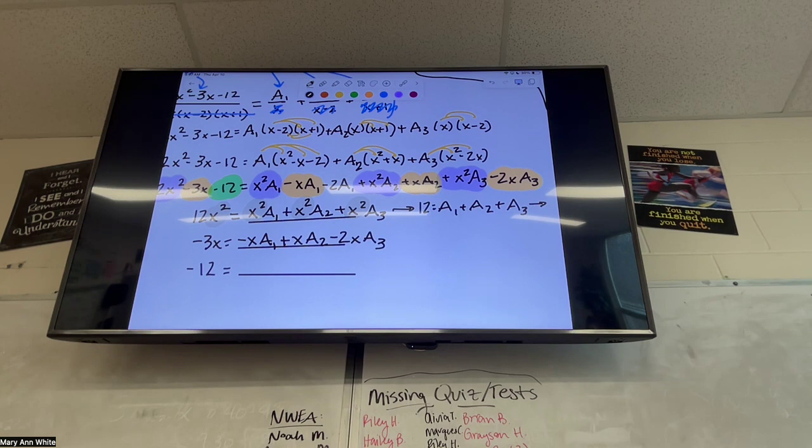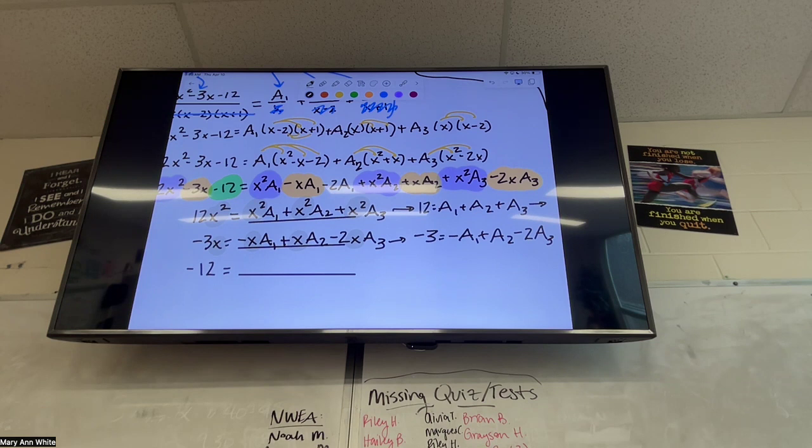Do you notice anything that's in all of those terms in that second equation? X. If they all have an x, can we just get rid of that x? Yep, cancel it out. So again, if I were to copy this, I would get negative 3 because I got rid of the x. I'd write negative a sub 1 plus a sub 2 minus 2 a sub 3.